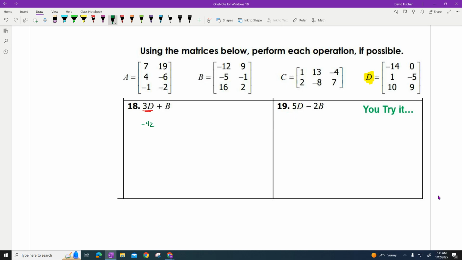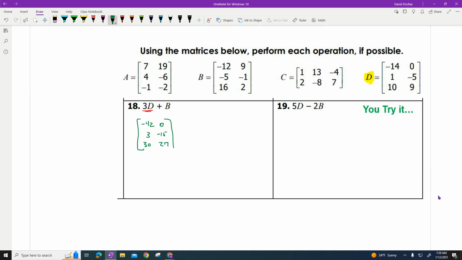And then I got 3 times 0, which is 0. 3 times 1 is 3. 3 times negative 5 is minus 15. 3 times 10 is 30. And 3 times 9 is 27.